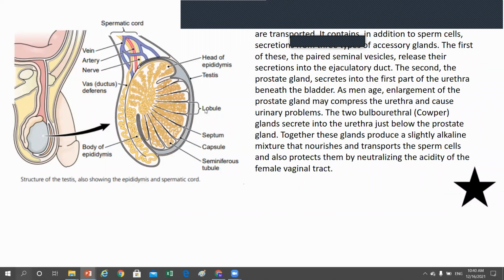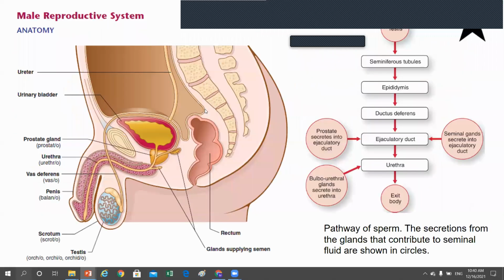Now this seminal fluid will be traveling from seminiferous tube to epididymis, ductus deferens, then it will go to ejaculatory duct. If you see over here, this is the vas deferens, and it will go like this.